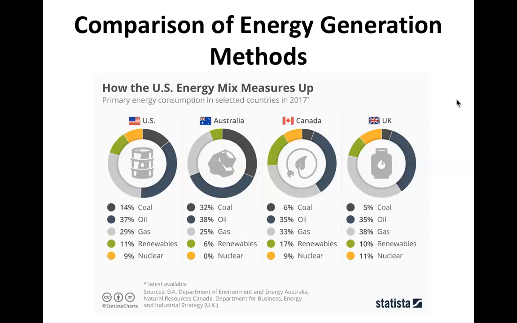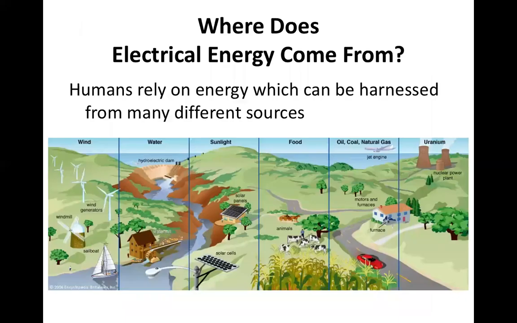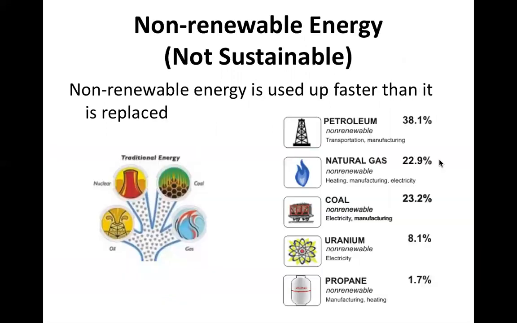I want to give you an idea of what are some of the pros and cons. So you have to think, where did that electrical energy come from? It was transformed from a different source of energy. So that source of energy was harnessed from maybe these: wind, water, sunlight, food, oil, coal, natural gas, or uranium.